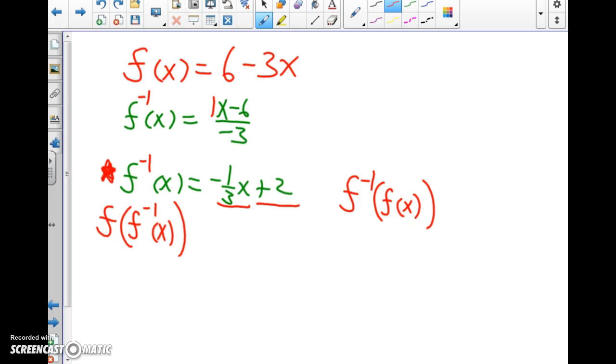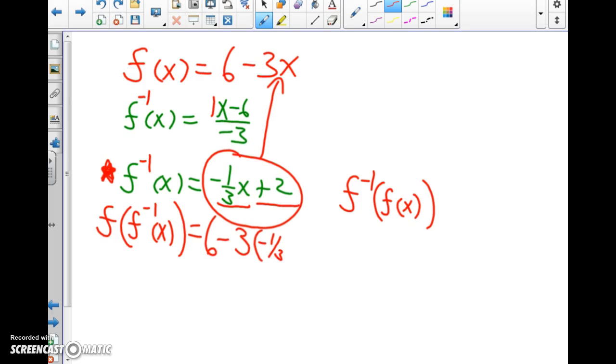F of negative 1 of x, which is a compound function, right? When you're studying, you're going to take this and put it into x for that. So you're going to write down 6 minus 3, and then parentheses, negative 1/3 x plus 2, right?